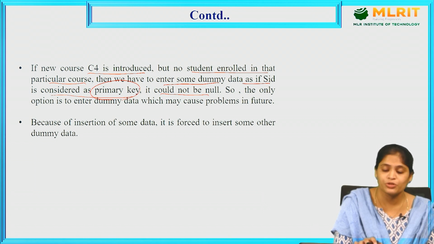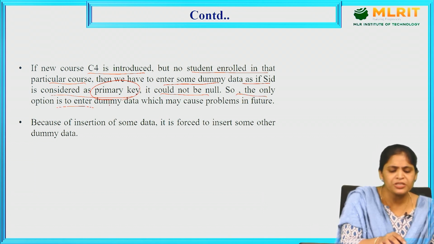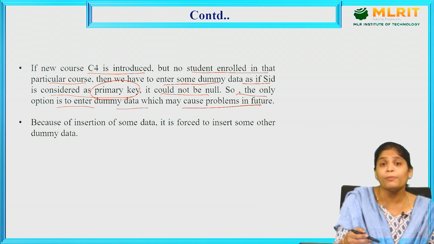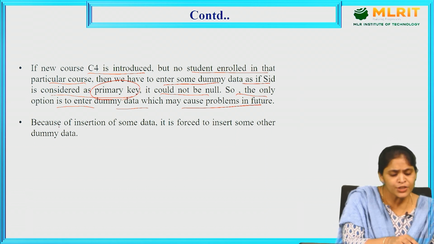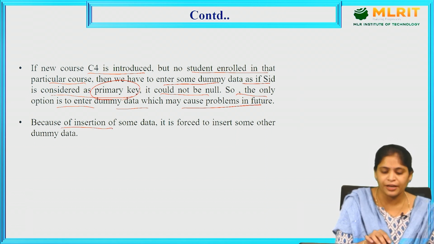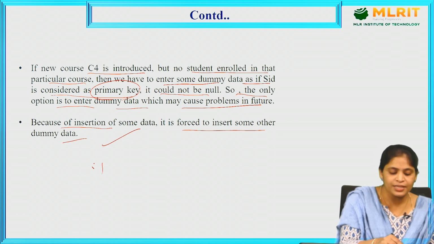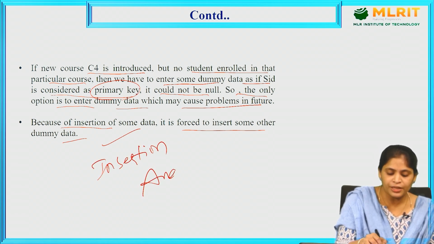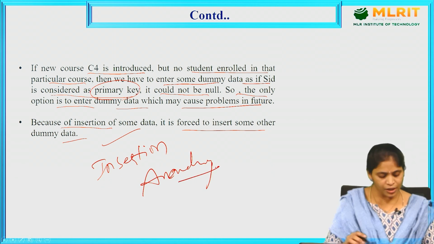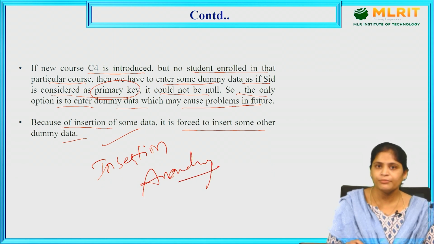The only option is to enter dummy data which may cause problems in future. Because of insertion of some data, it is forced to insert some other data. This is called insertion anomaly. That means we are facing a problem while doing the insertion operation into the database.